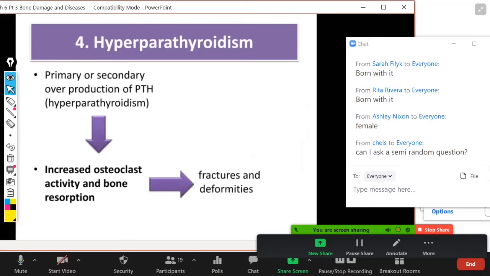One final disease that we will talk about is hyperparathyroidism. So for this, we have to think about the function of the thyroid and the parathyroid.